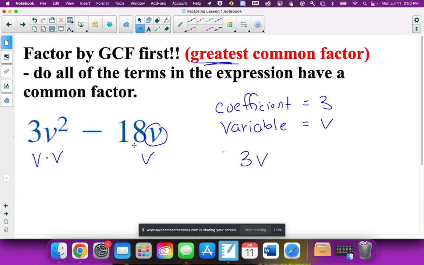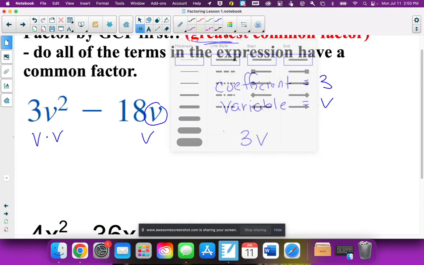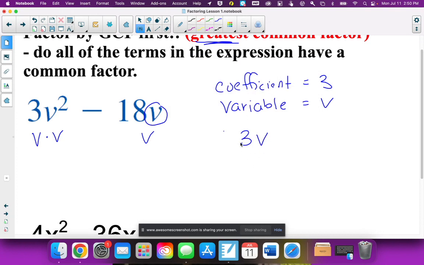I can divide both pieces by 3v, and I would come out with a whole number expression. By the way, when we write this, it's going to look a lot like when we were first multiplying, the distributive property. You would write 3v times what is going to give me my original expression.